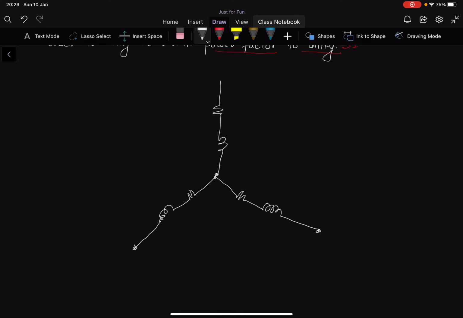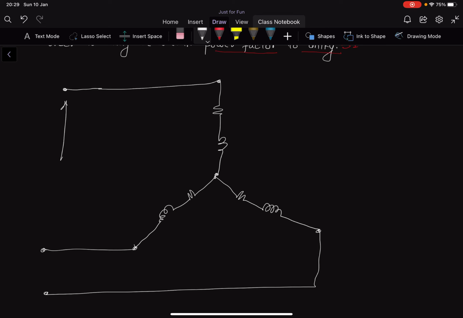Okay, so this is our three phase, and this is our load side, and then we have a supply on this side. We don't need to draw our supply, but we know the line to line voltage is VL, which is 415 volt.